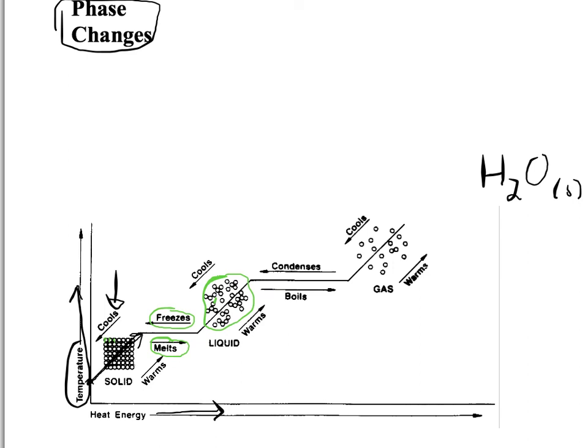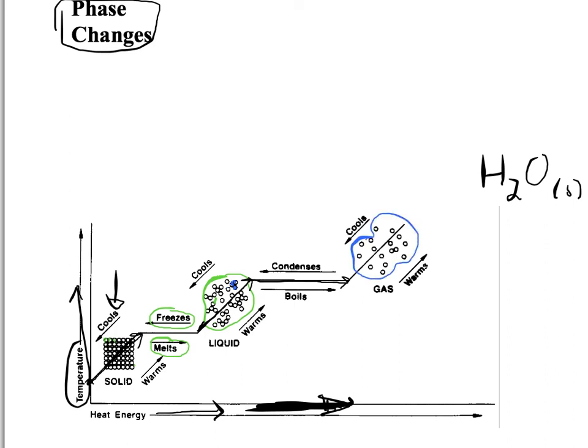Same thing, let's say we keep adding heat, we're heating up this liquid water, and then we get to this point here where we have a flat line. The temperature's not changing, but we're still adding heat because we're going to the right on the x-axis. That heat is going towards breaking the intermolecular forces between these molecules in the liquid further, so those molecules can be even more spread apart to form this spread out gas.